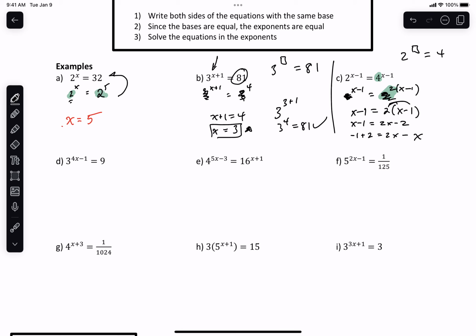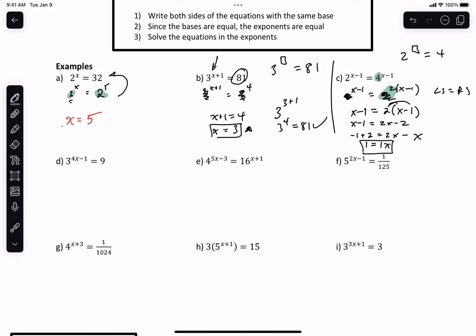And so I get 1 is equal to 1x when I solve. And again, you could check to make sure that this was actually true by taking our answer and doing a left side equals right side check. Just like your linear equations, except they're not linear anymore. They're exponential equations, which is kind of cool. Is everyone okay so far? Okay, we'll do a couple more.